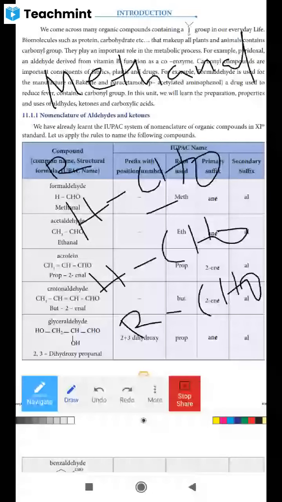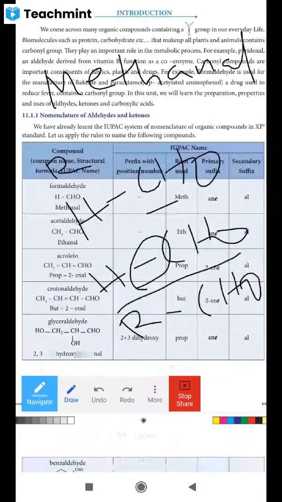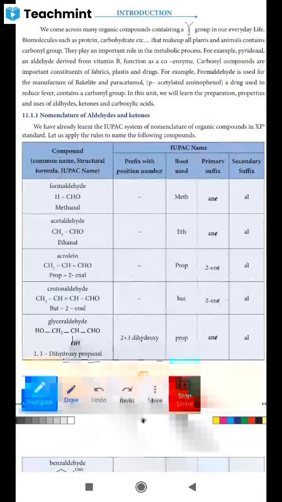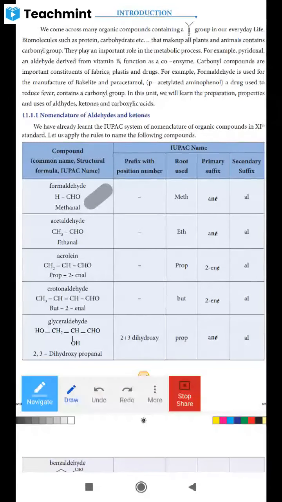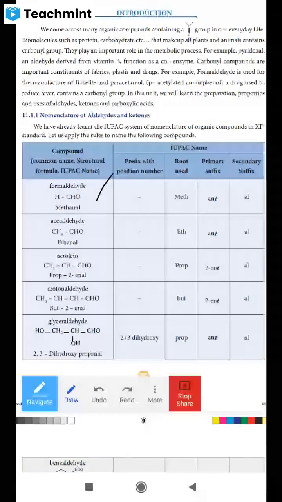So the first member is methanal. Only one carbon is the meth. Primary suffix: single bond is the primary suffix, that is ANE. Just listen. First member of aldehyde, HCHO.